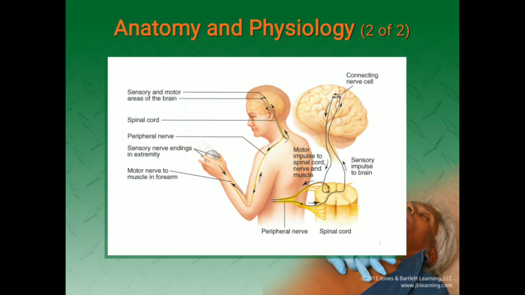If you look at this diagram, you will see that the CNS has two subparts: the brain and the spinal cord. Whereas the PNS has two subtypes: the sympathetic and parasympathetic nervous system.